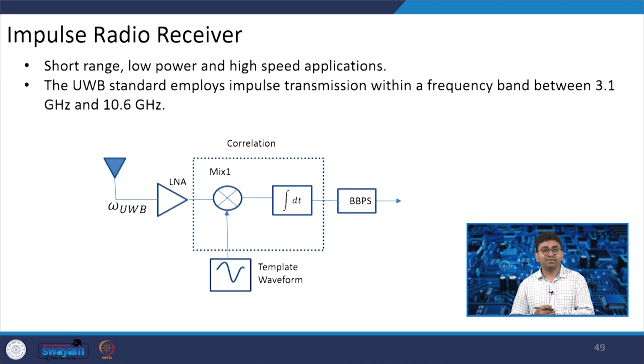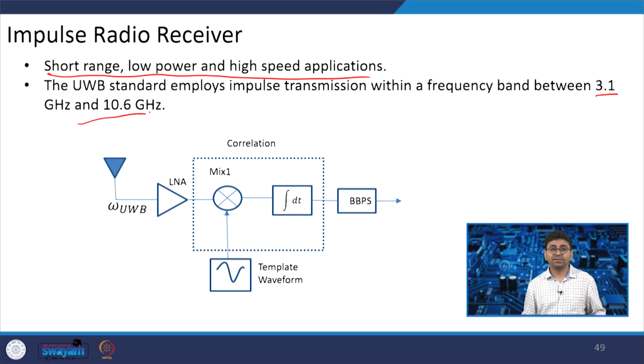Then there is impulse radio receiver architecture. So, it is used for short range, low power and high speed application, where a pulse of the signal has been sent, and for short range within a range of 3.1 to 10.6 gigahertz, and what you can do is just use a mixer and envelope detector to down convert the signal.